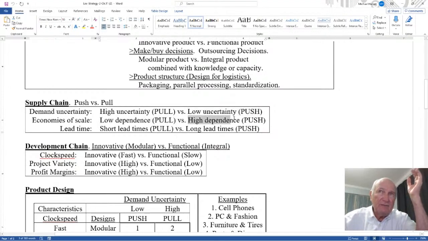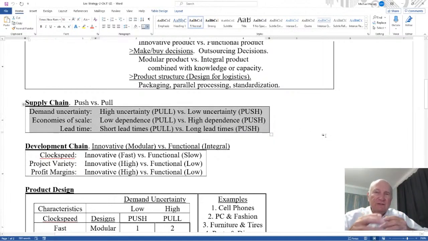High dependence is a push system. So the larger the inventories, the more you can rely on and depend on economies of scale to drive down the cost. Lead time. Short lead times is a pull system for order fulfillment, and long lead times usually indicate a push system. Now, these are not strict, but these are characteristics that lead you toward push and pull.